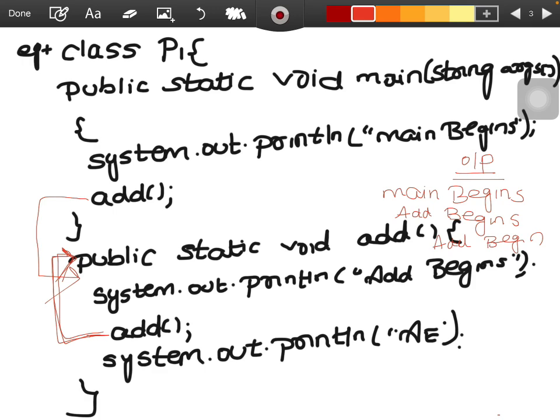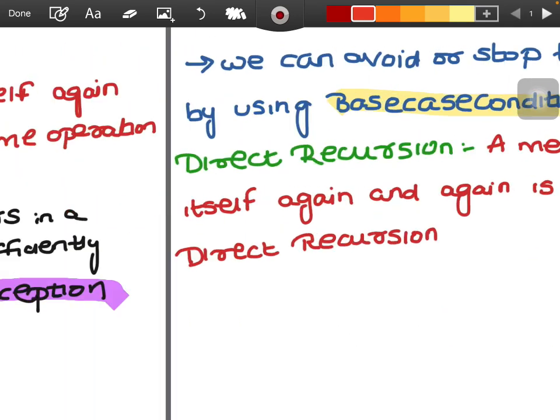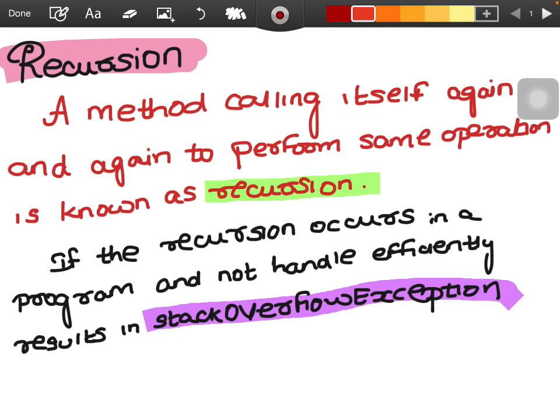So to overcome this exception we will use a base case condition. I hope you understand what recursion is: a method calling itself again and again to perform the same operation. If recursion occurs in a program and is not handled efficiently, as we saw, it repeatedly takes place and the statement below is not executed.